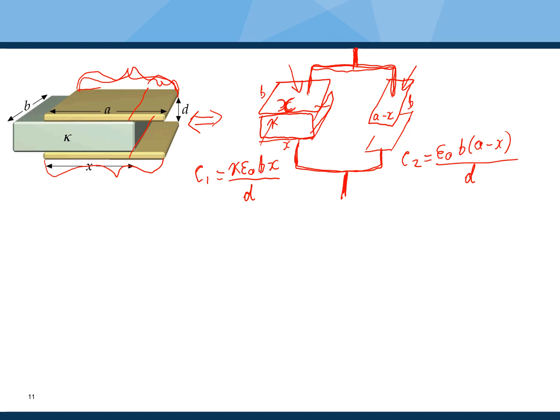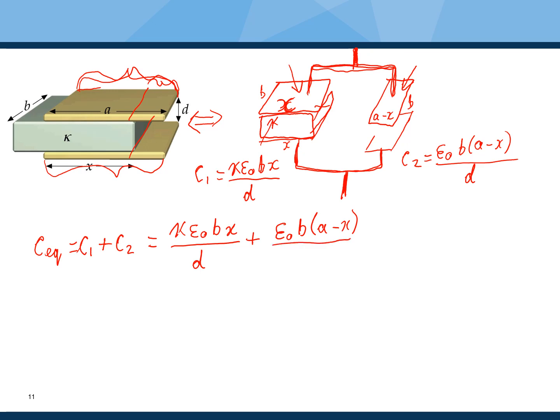Notice that the configuration on the right shows us two capacitors that are connected in parallel, and capacitors that are connected in parallel add arithmetically. So we obtain C_EQ as being equal to C1 plus C2, and this is actually equal to kappa times epsilon naught times b times x divided by d plus epsilon naught times b times (a minus x) divided by d.